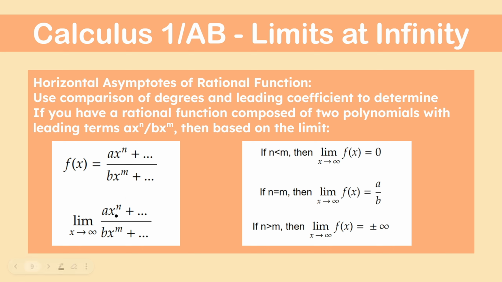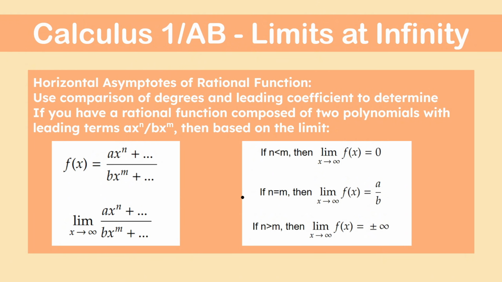Then based on the limit as x approaches infinity of ax to the power n plus whatever other terms with lesser degrees are included, then the following is true. If the degree of the top is less than the degree of the bottom, then the limit is going to be equal to 0 because you're going to have a lesser number over here being divided by a huge number, which means that's going to eventually approach 0.